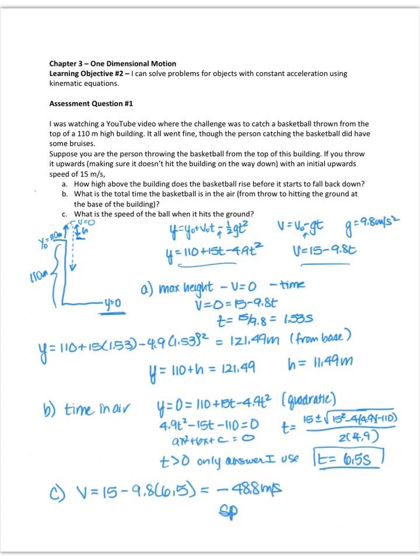But the speed is actually just the magnitude of the velocity, and so that's 48.8 meters per second. That's how fast it's going. The negative sign is the direction, but because I was asked for the speed, I don't really need to include that. I'm just being asked, how fast was it going?